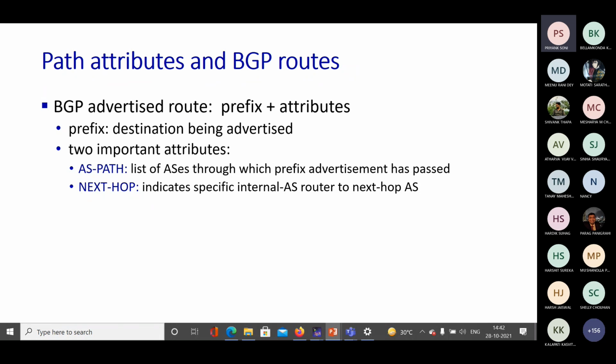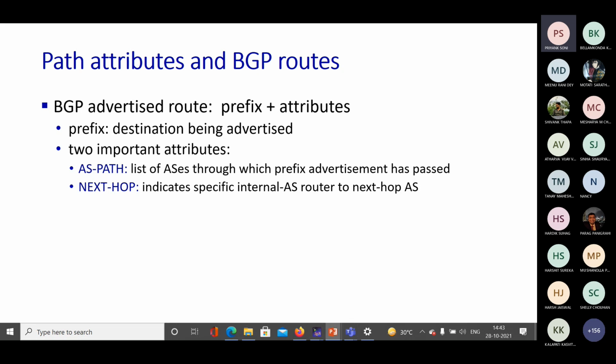Now, what is advertised using these BGP advertisements? One is the BGP advertised route. What is that? Prefix plus attributes. The prefix is the destination that is being advertised. And there are two important attributes.